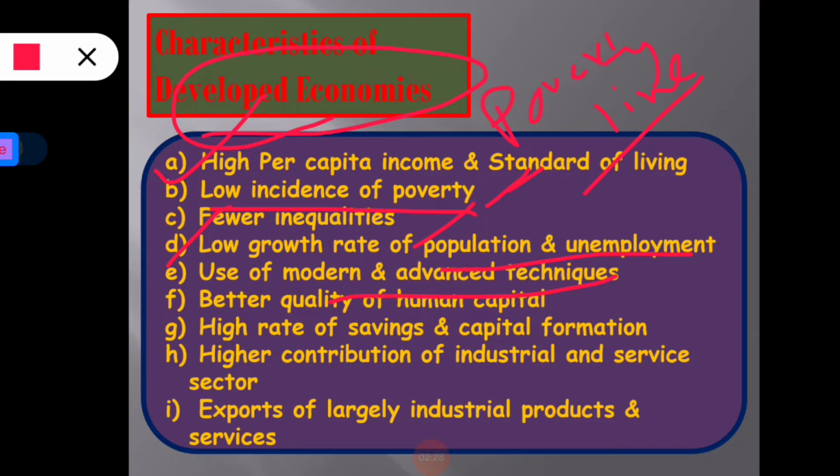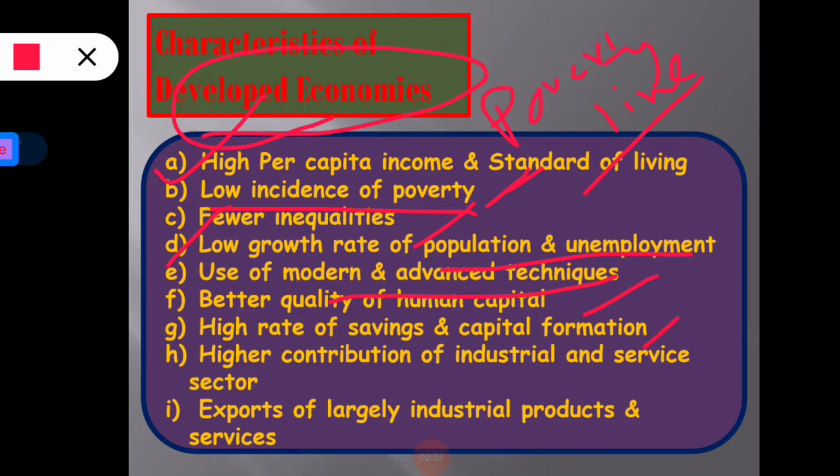Now going to the sixth one, that is better quality of human capital. Better quality of human capital leads to the educational level of people. The educational level of people is higher in the developed countries than in the developing countries. So that's why in developed economies there is better quality of human capital.